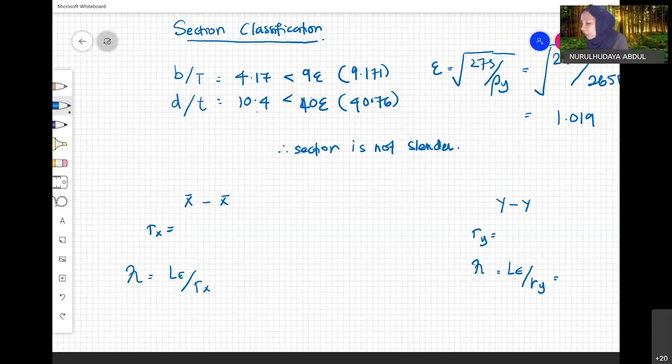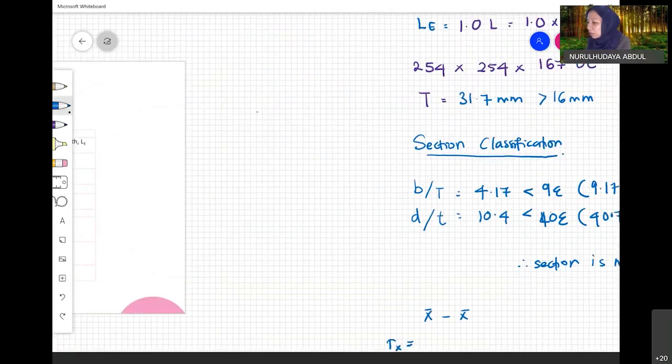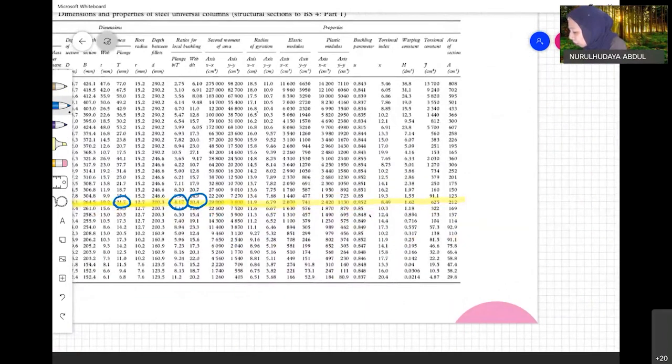So kita check dulu RX and RY for this section. Radius of gyration, XX is 11.9 and YY is 6.79. Noted also the units is in centimeter. Dalam structure pun if you look at whatever yang you pernah calculate sebelum ni, it is very jarang lah kita pernah calculate benda-benda dalam centimeter.